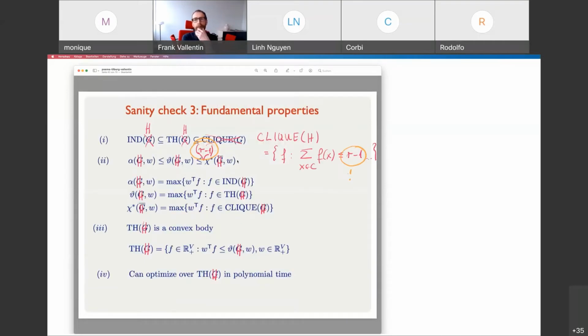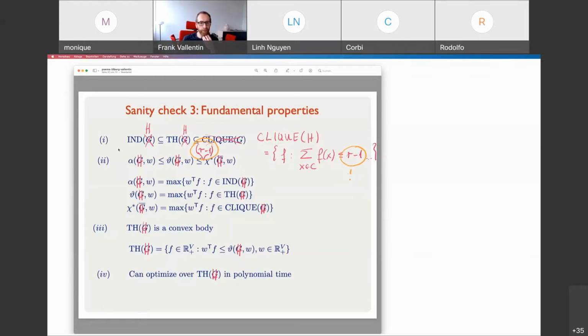Last sanity check, the fundamental properties. Here are the four fundamental properties we were just discussing for graphs. Now we see that basically the same holds true for hypergraphs if we use our definition.